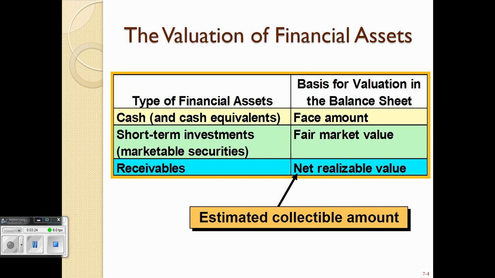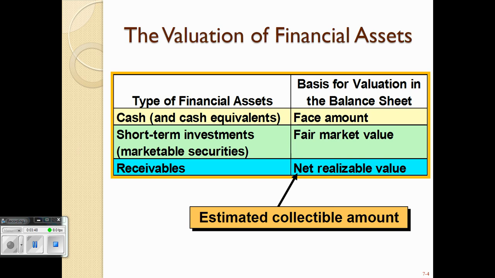So in that particular case, let's suppose you bought a bond and you bought it for 10 grand. And now, because interest rates have gone up, the value of the bond has gone down. It's now only worth $9,800. What would you show that on your balance sheet as? $9,800, even though you paid 10 grand for it.